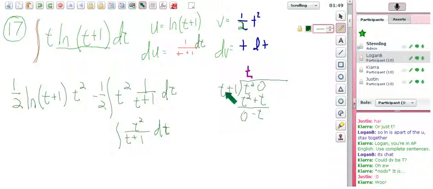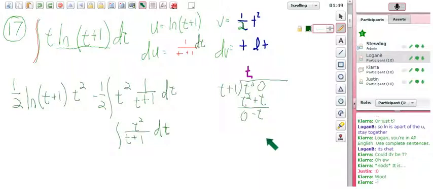And now we say, what do we multiply t by to get negative t? Negative 1. So negative 1 times t is negative t, and negative 1 times 1 is negative 1. So we subtract like before. Negative t minus negative t is 0, and 0 minus a negative 1 is a positive 1. So that's our remainder, remainder 1.